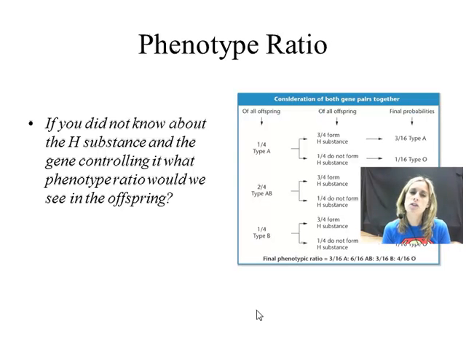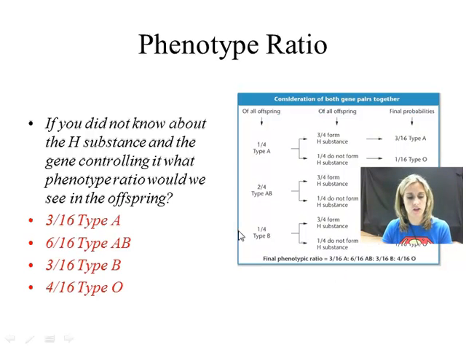If you did not know about the H substance and the gene controlling it, what type of phenotype ratio would you have seen in this offspring? Pause me and then come back to me when you're ready. Okay, so in order to do this, you needed to add together each of these type O's.